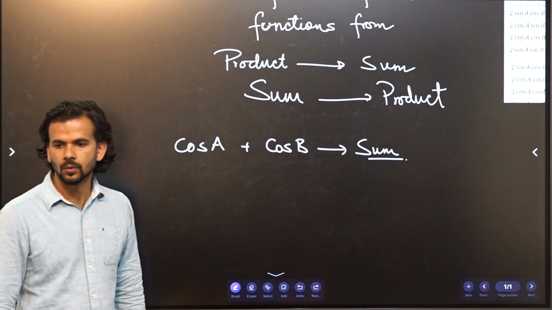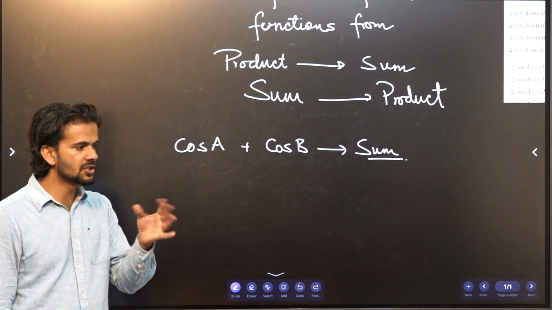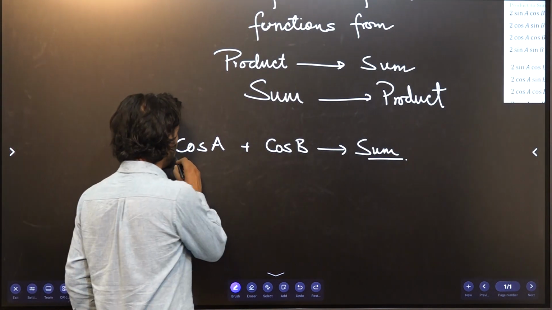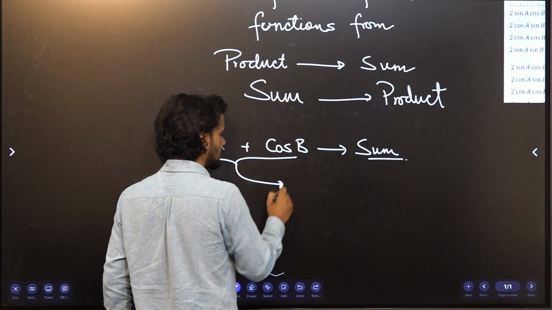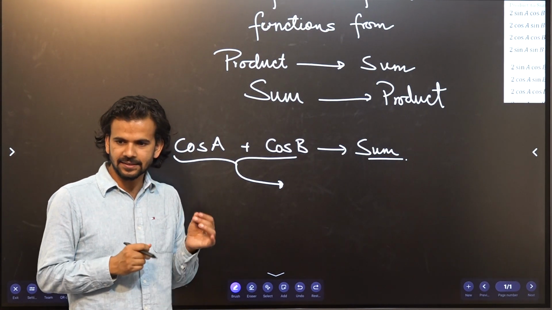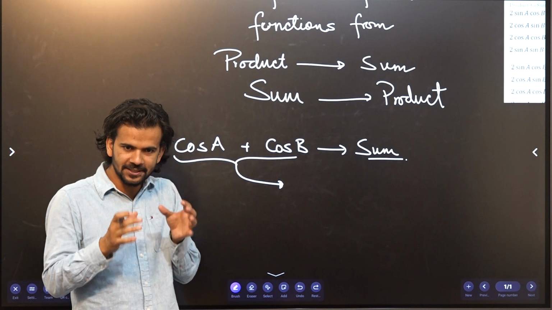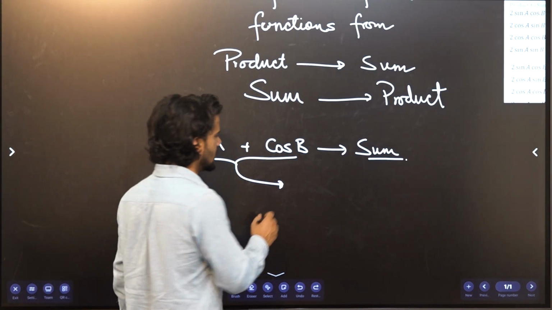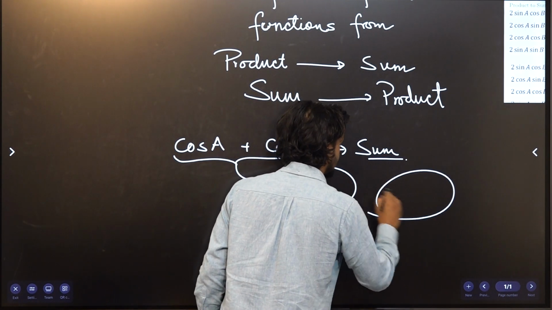It's a sum. Now, how can we change the way of writing it such that the new expression that is equal to this one becomes a product? Something into something.